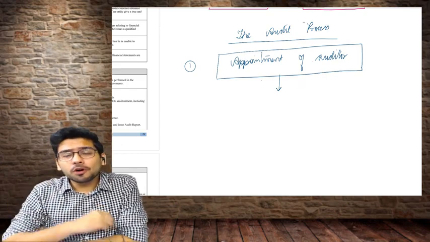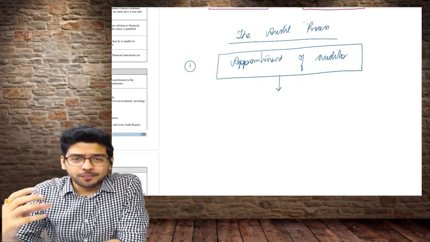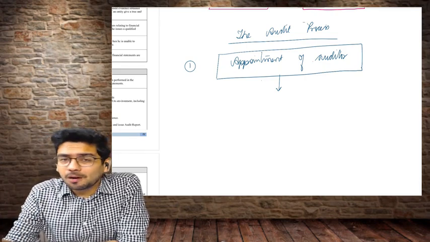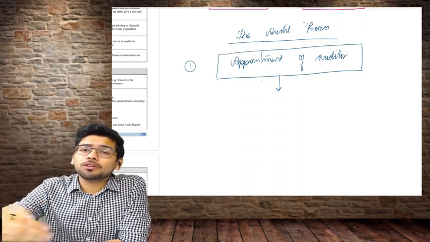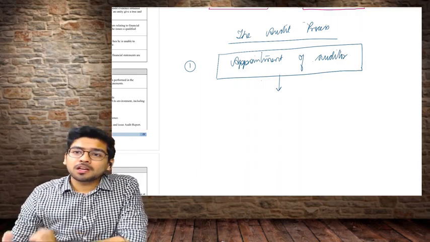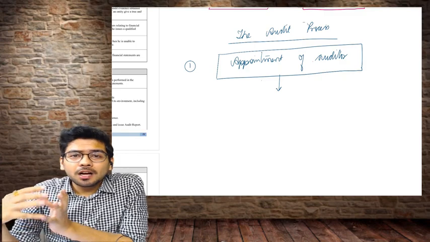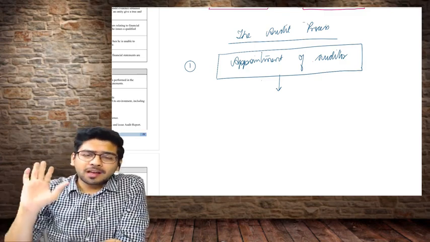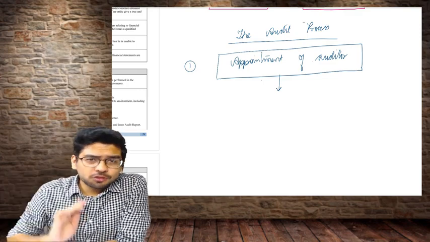For example, if I want to appoint an auditor for a company, section 139 of the Companies Act basically tells me how the auditor will be appointed. Similarly, if an auditor for a bank has to be appointed, the banking act probably will tell how the auditor needs to be appointed.